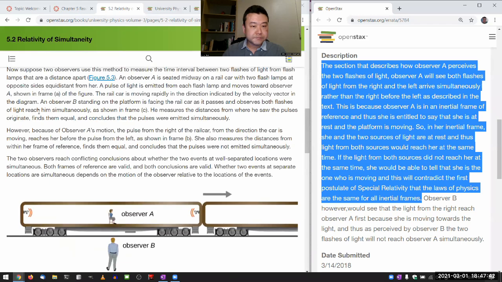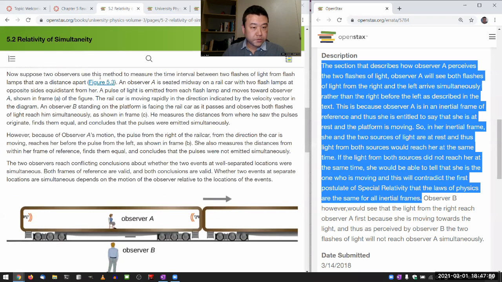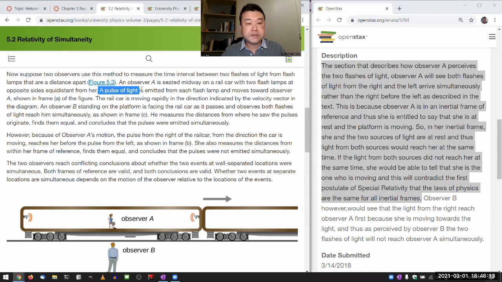The textbook says, now suppose two observers use this method to measure the time interval. An observer A is seated midway. A pulse of light is emitted from each flash lamp and moves toward observer A, shown in frame A of the figure.